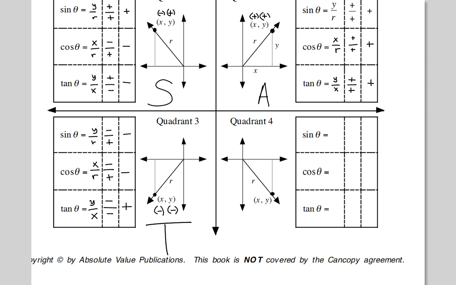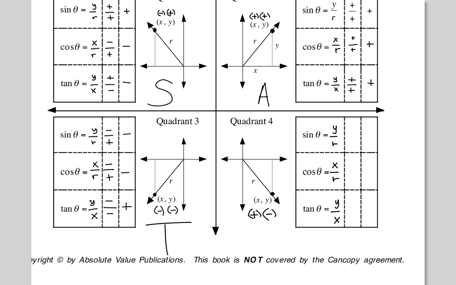And lastly, we have quadrant 4. Again, just jotting down these formulas. For quad 4, you're on the right, but you're also down. So x is positive, and y is negative.